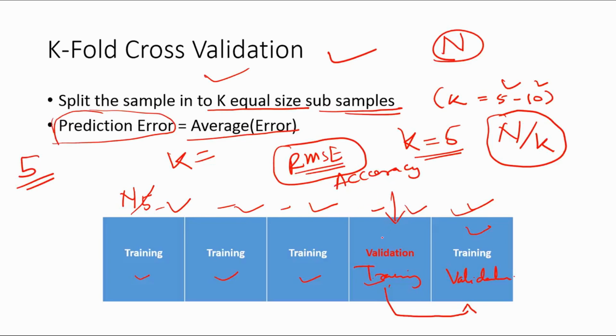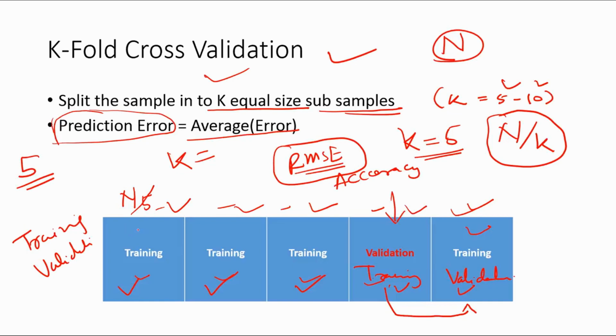Whereas in this case, the validation subsample is actually changing. So every data point would be part of the training sample and part of the validation sample, right? Because the validation set can be this one, this particular one, this split as well, this split, this split.